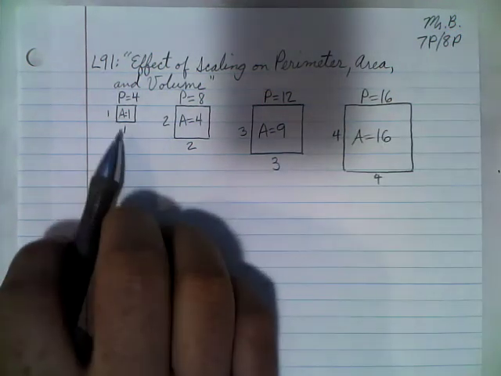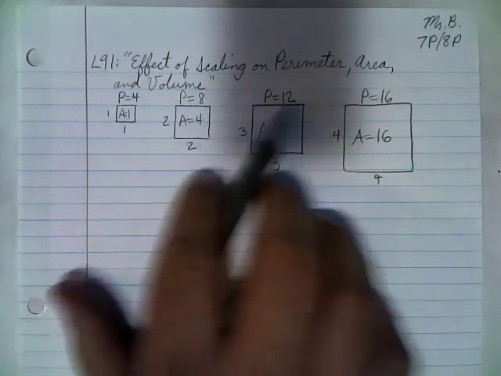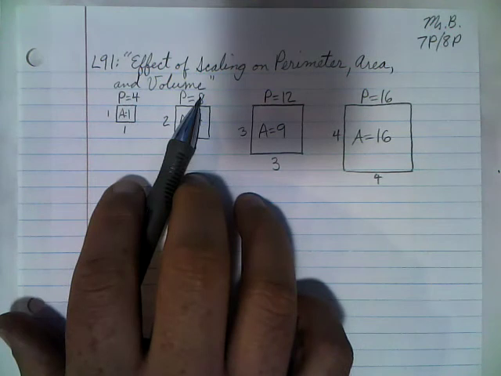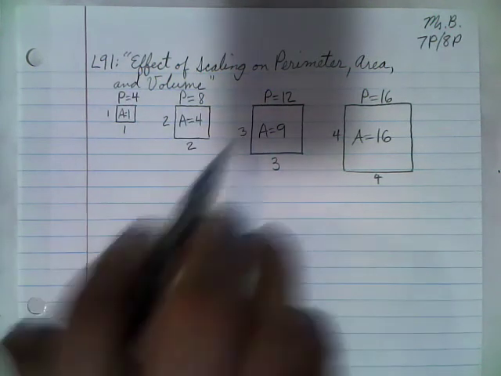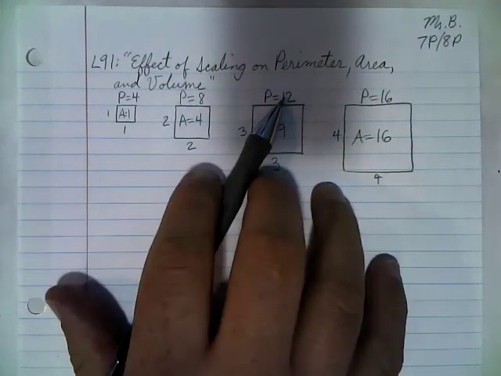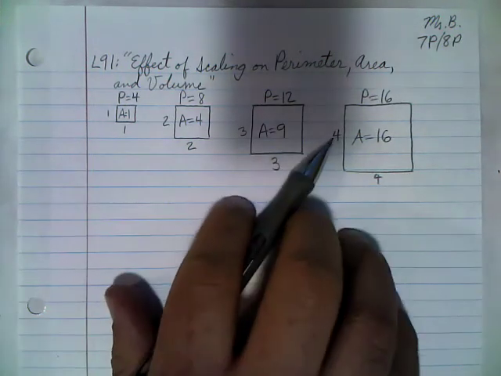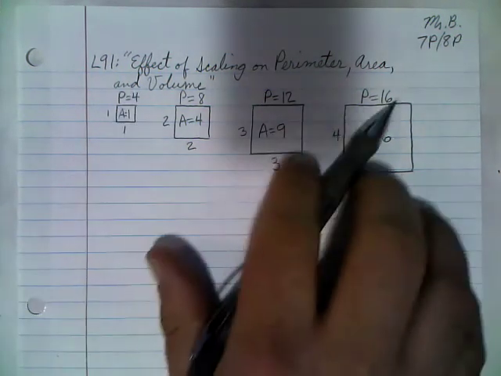So if we take a look at what's happening here, perimeters. As I double my side length, my perimeter doubled. As I tripled my side length, my perimeter tripled. As I quadrupled my side length, my perimeter quadrupled.